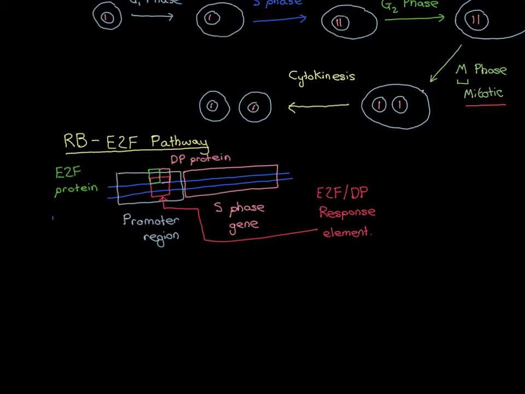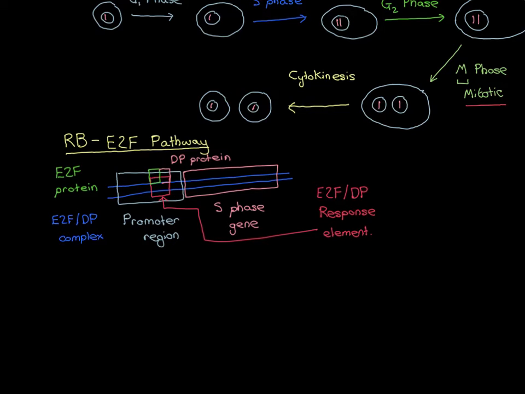So what we've got here is known as an E2F DP complex, and these E2F DP complexes are all capable of binding to this E2F DP response element that is found in the promoter regions of all S-phase genes.